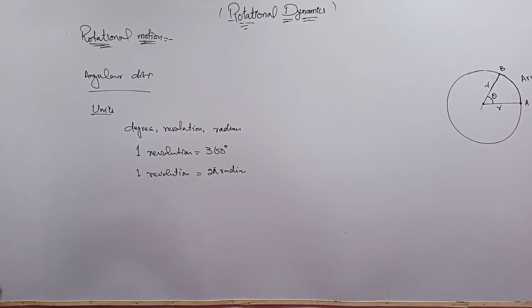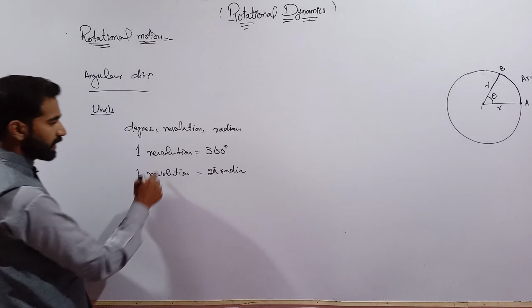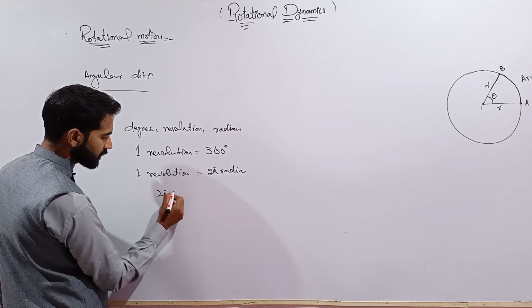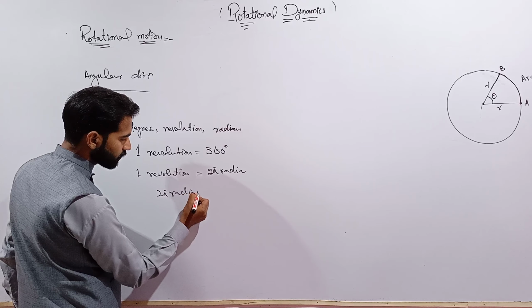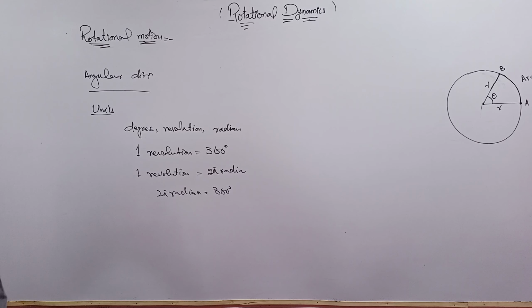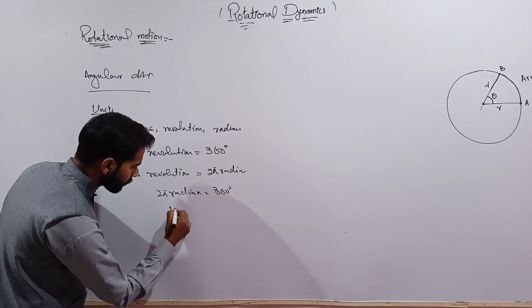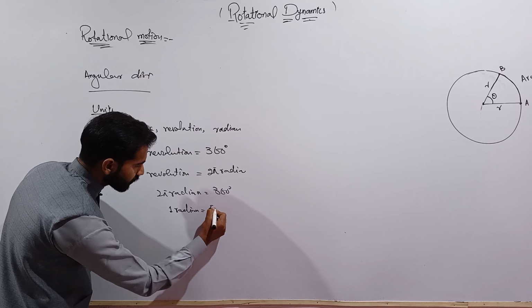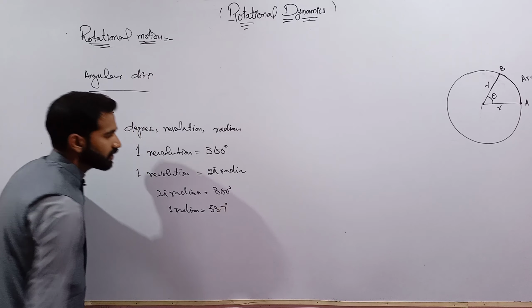Comparing these two equations, 2 pi radian is equal to 360 degrees, so 1 radian is equal to 57.3 degrees.